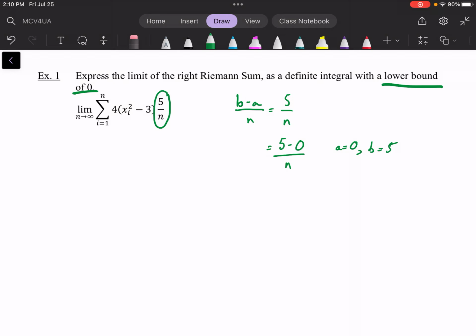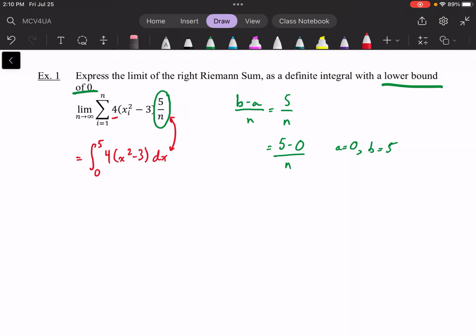Because you have that, now you can change this into an integral on the domain from 0 to 5. Since your function is specifically 4 times the function x squared minus 3, all you have to do is slap on this dx at the end, which is specifically talking about the change in x values that you got there, and then this is your integral.